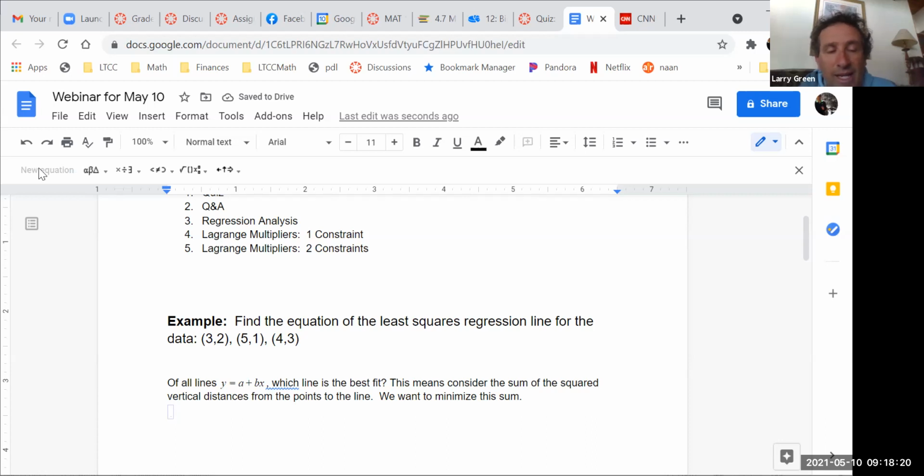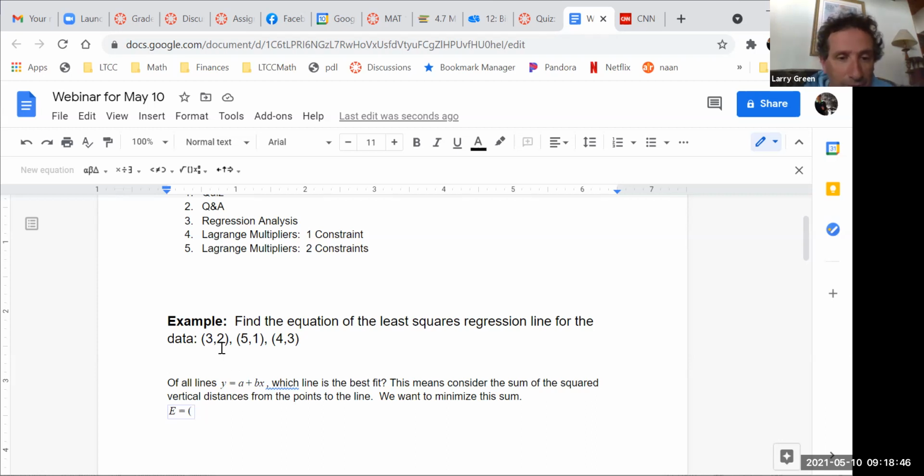Okay, so I'm going to call it E for error, which is the sum of the squares of the vertical distances. The way you find the distance is you subtract the y coordinates, because vertical is y. Any questions on what I'm talking about? Again, this is very important. Vertical distances are y's.